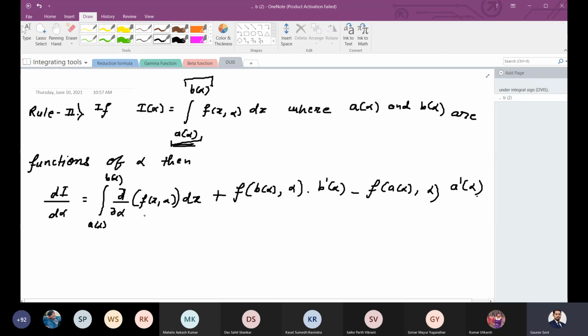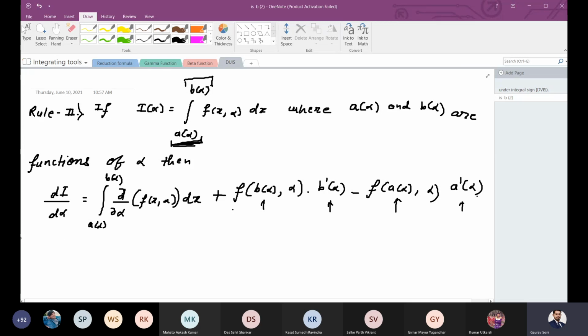When your limits are functions of alpha, I will have to replace x in the integrand by the upper limit multiplied by the derivative of the upper limit, minus x replaced by the lower limit into the derivative of the lower limit.